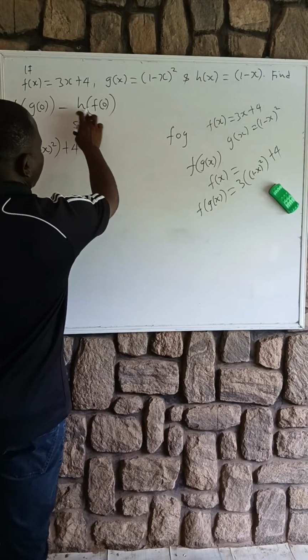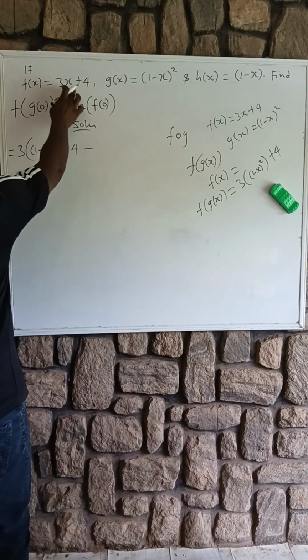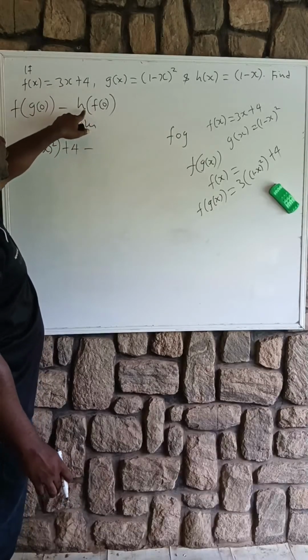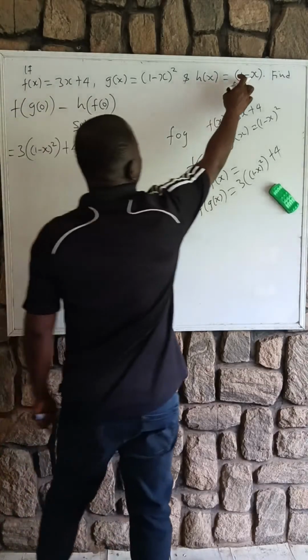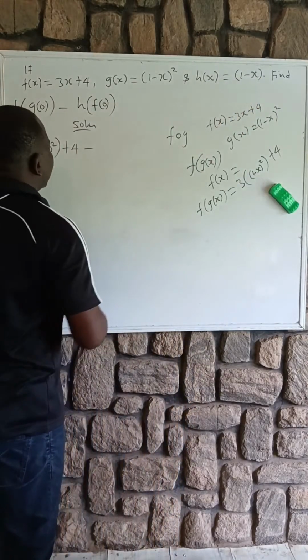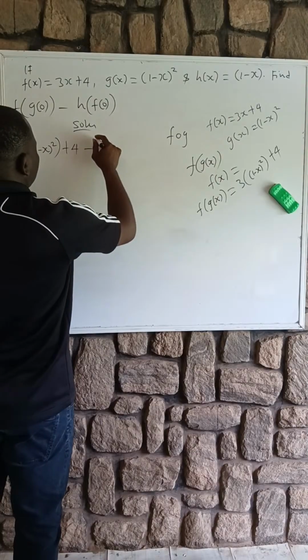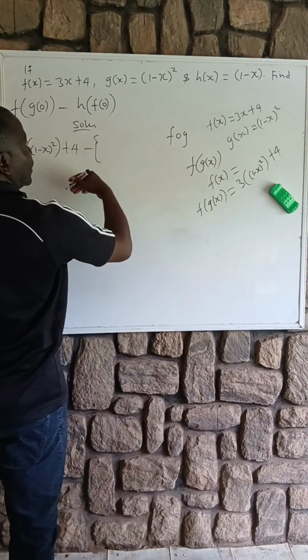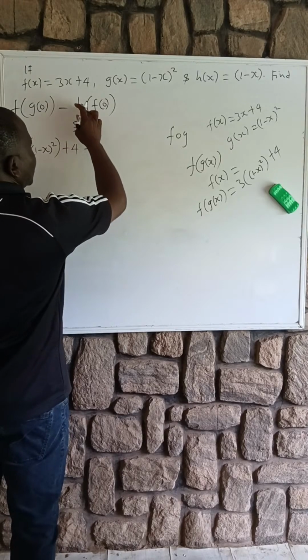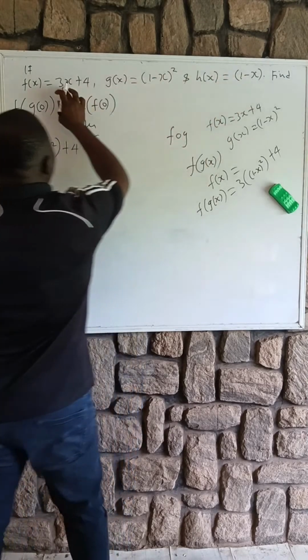The same thing is applicable. Minus h of f, it means the function f must be inside h. Look at it. You substitute it anywhere you see x. So let's leave it inside the bracket like this. Our h is this, then our f is this.